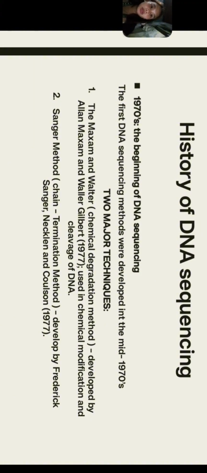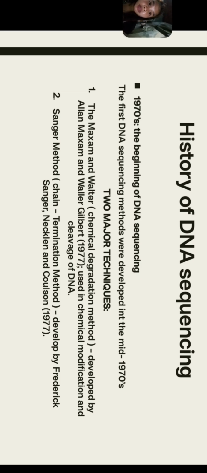The Maxam-Gilbert chemical degradation method, developed by Allan Maxam and Walter Gilbert in 1977, used chemical modification and cleavage of DNA. They used chemicals to cut DNA at specific bases. It was dangerous and complicated, so it was rarely used.